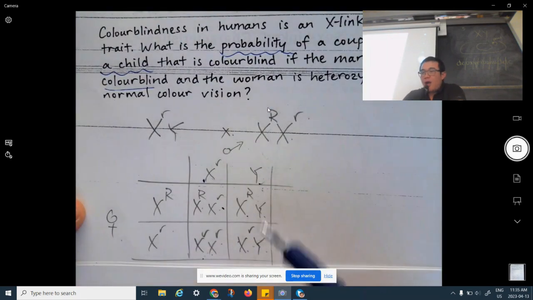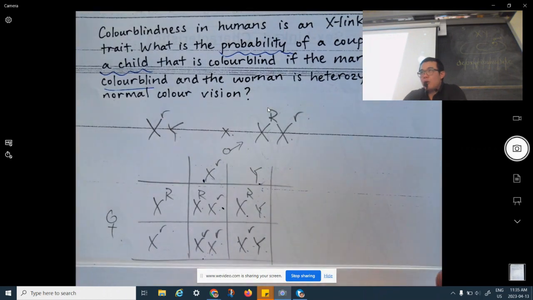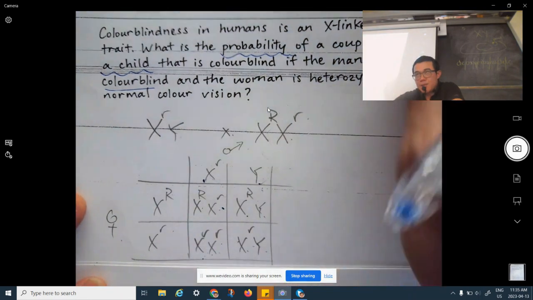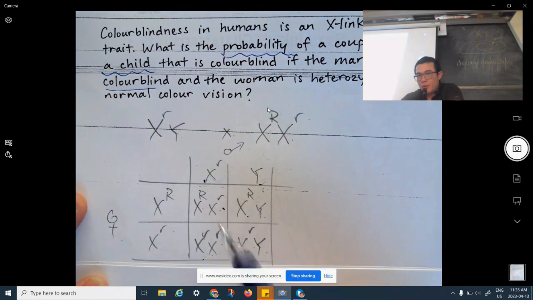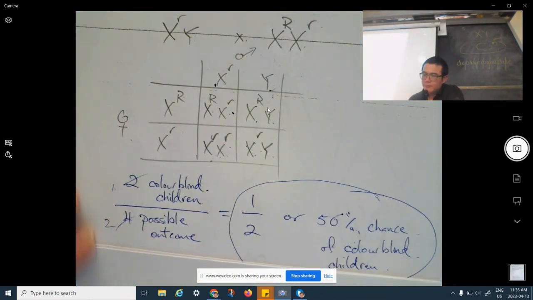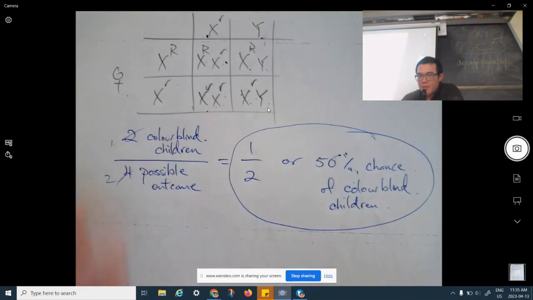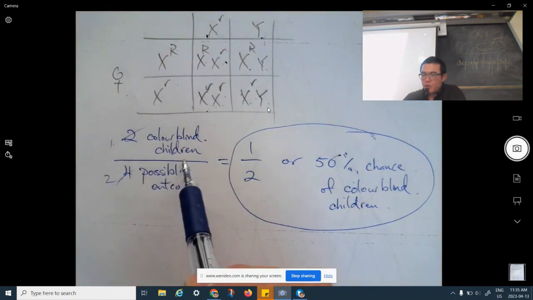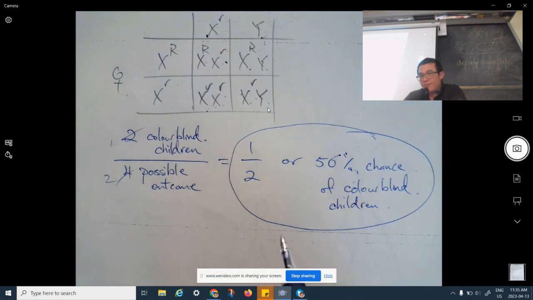So out of four possible outcomes, which outcomes have colorblind children? The two bottom ones, these two. A colorblind girl and a colorblind boy. Okay. So in this case, you have four possible outcomes, and you have two colorblind outcomes. So two colorblind children out of four possible outcomes.